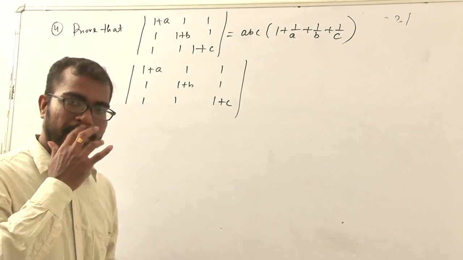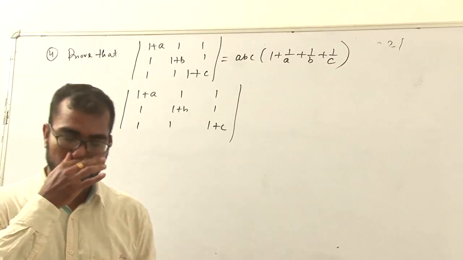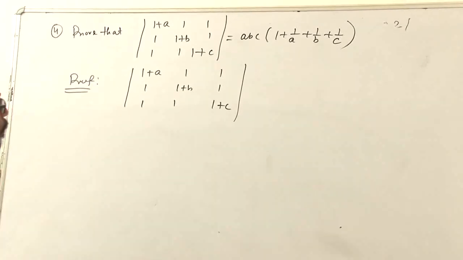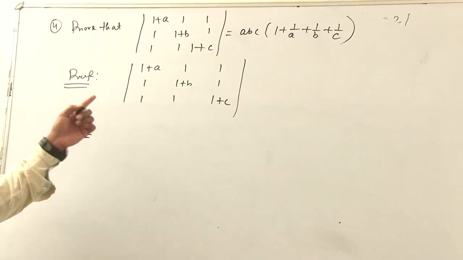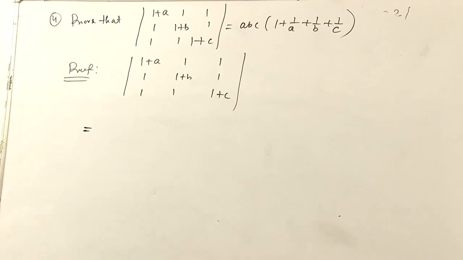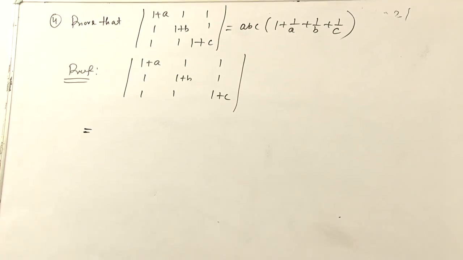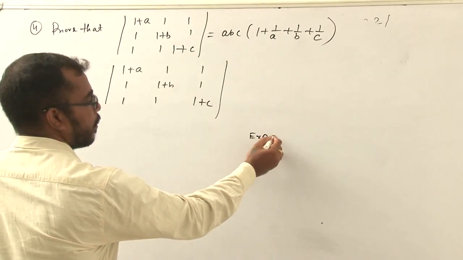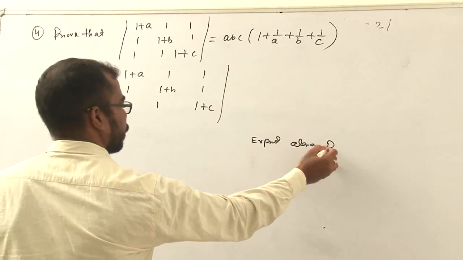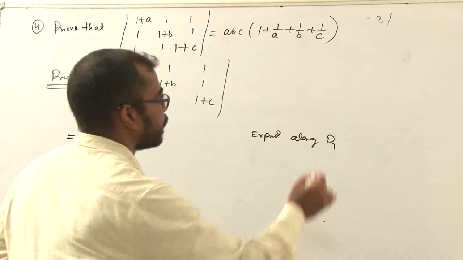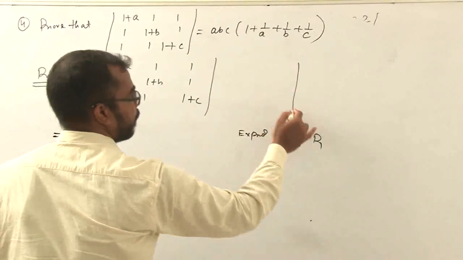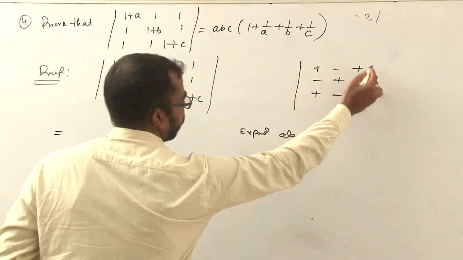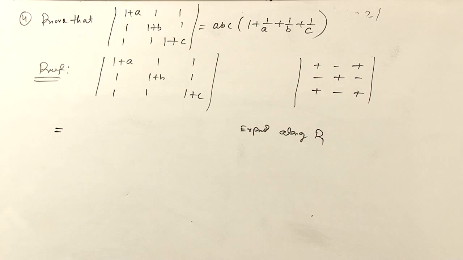How do we expand a third order determinant? In the previous session we learned how to evaluate a third order determinant. So if we expand along R1, as you know, the signs of a third order determinant are plus, minus, plus, minus, plus, minus, plus, minus, plus. We already discussed this.